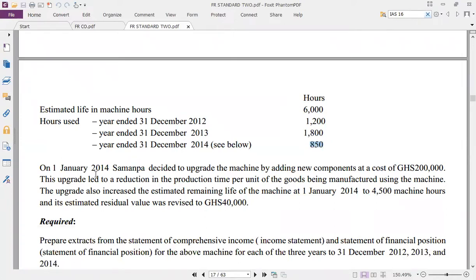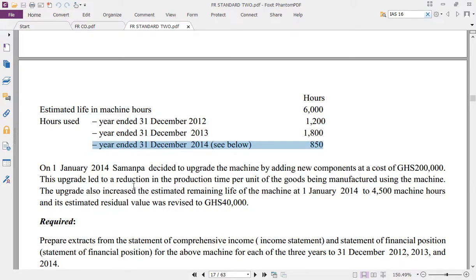On January 2014, and so if they are saying on January 2014, then it means that it will affect what? Just 2014's financial statement. It will not affect 2012 or 2013. So for 2012 and 13, you are free to do your calculation without this. On January 2012, Samantha decided to upgrade the machine by adding new components at a cost of 200,000.